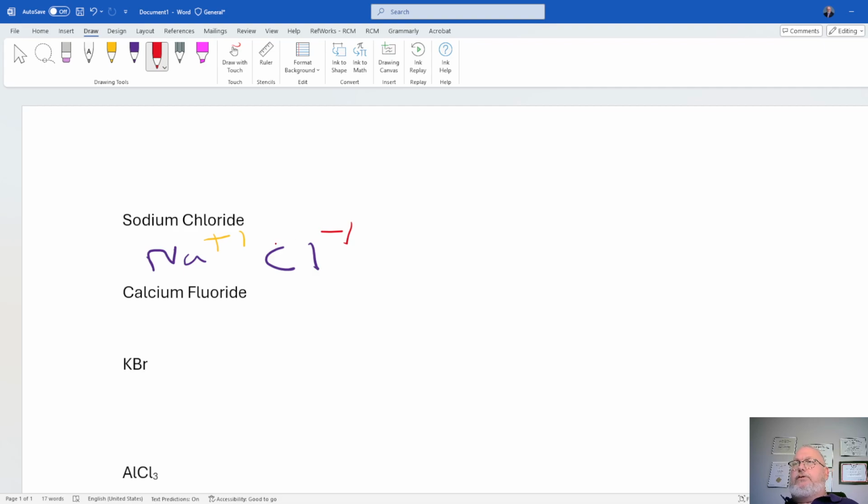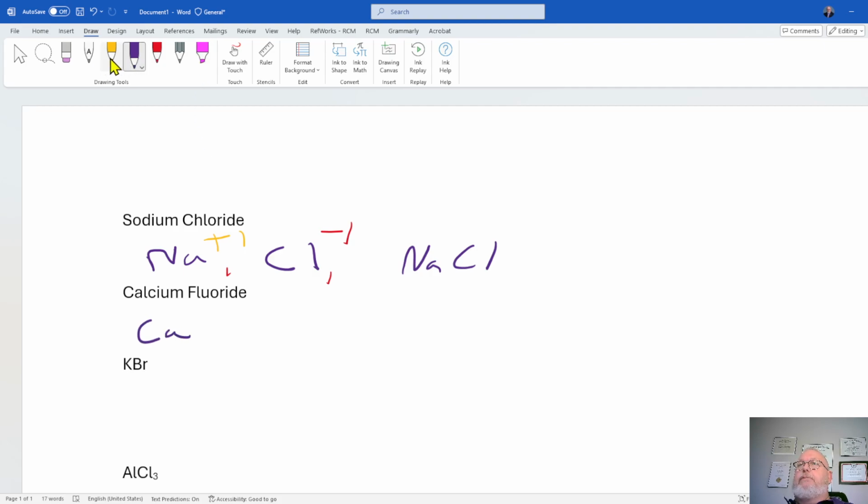A +1 and a -1 is going to be a neutral charge. So that's going to be Na1Cl1, or we would just write it as NaCl. Let's look at another one. So I've got calcium. Okay, that's Ca. I looked at my periodic table.